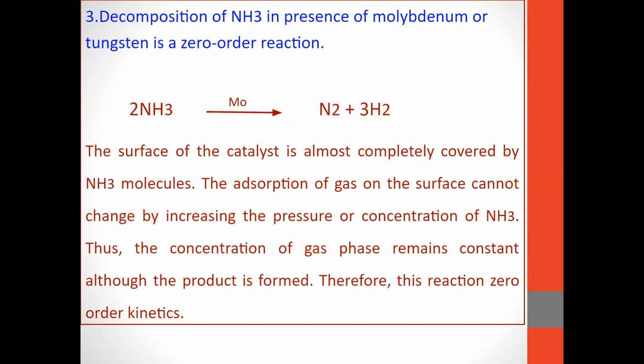The adsorption of gas on the surface cannot change by increasing the pressure or concentration of ammonia. Thus, the concentration of the gas phase remains constant although the product is formed. Therefore, this reaction follows zero order kinetics. So that is the third example, decomposition of ammonia in presence of molybdenum or tungsten.